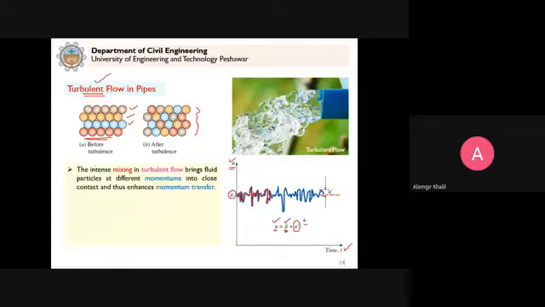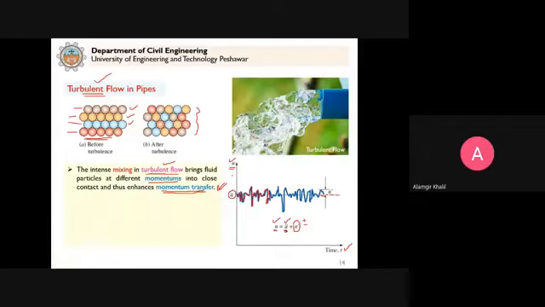So what we have is that the intense mixing in turbulent flow brings particles at different momentums into close contact and thus enhances the momentum transfer. These layers move with different velocity. If you remember the laminar flow diagram that you saw previously, a parabolic profile, the layers move with different velocities. When these come in contact due to the turbulence, this mixing brings about the momentum transfer.